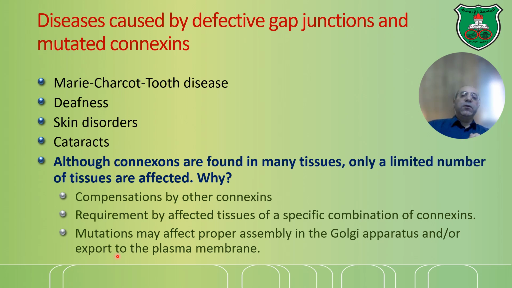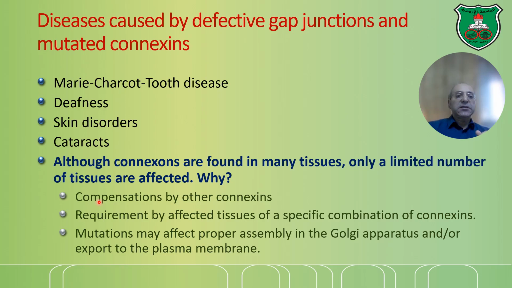And there are several reasons for why. One, compensation by other connexins. So basically, if in a certain tissue one connexin is downregulated, if it is not expressed, the tissue can compensate by expressing another connexin molecule.